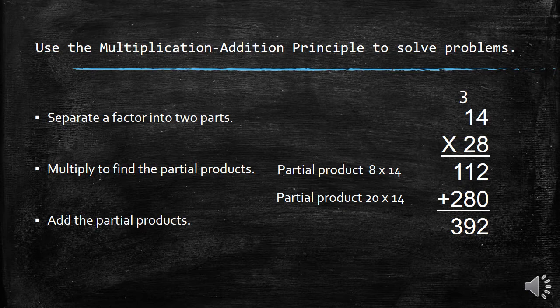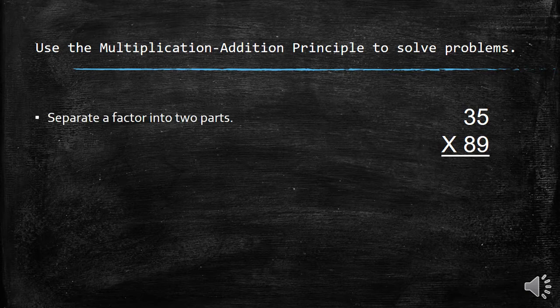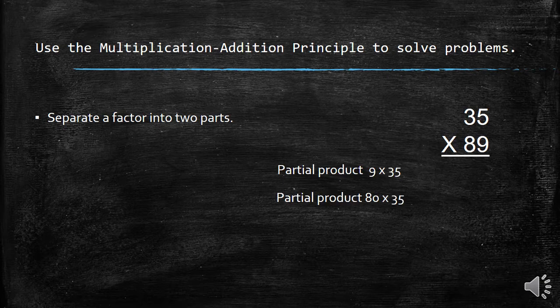All right, let's try number 3. Number 3, 35 times 89. Again, the first step, separate a factor into 2 parts. So 9 times 35, 80 times 35.